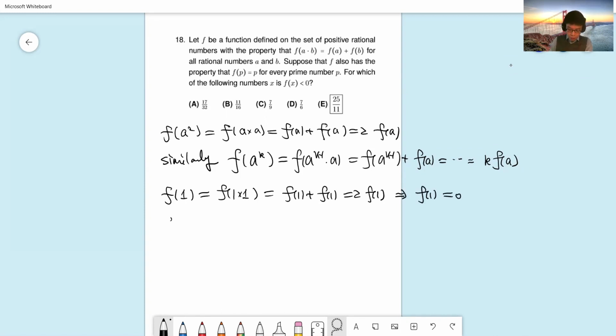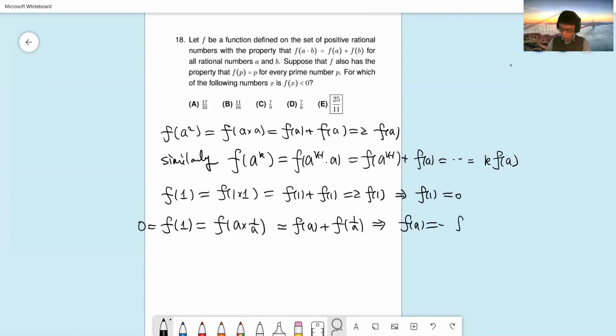Now, for any number, 1 equals a times 1 over a. Suppose a is a positive rational number. From here we have f(a) plus f(1 over a), but this equals 0 because f(1) equals 0. That means f(a) equals negative f(1 over a).